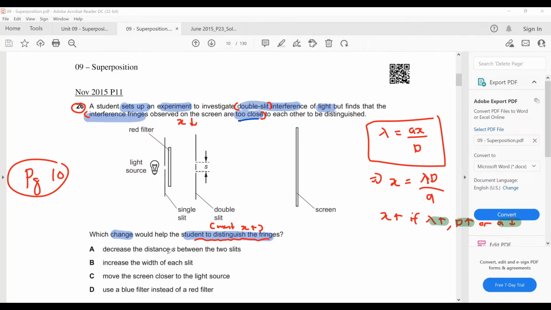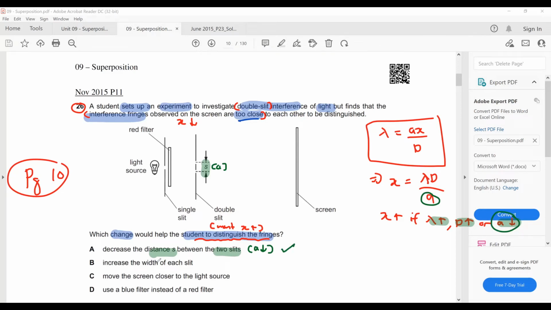If they ask you to decrease the distance S between the two slits, this distance between the two slits S is actually your a in this equation. So they're saying a is decreasing, which is actually what you want. So this one could be a possible answer.